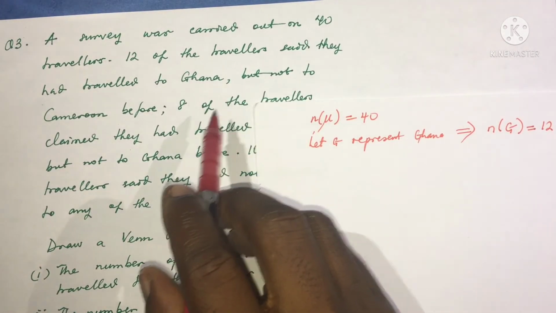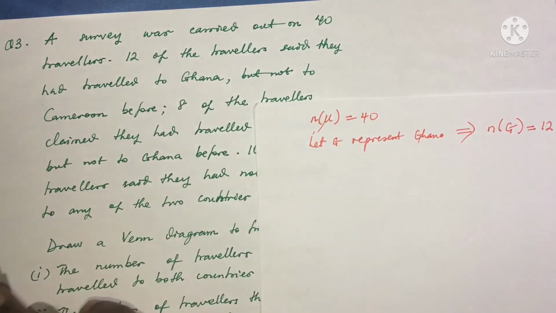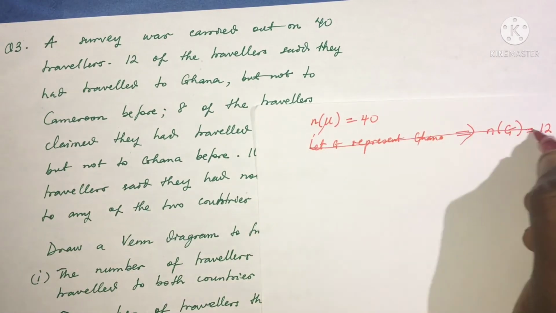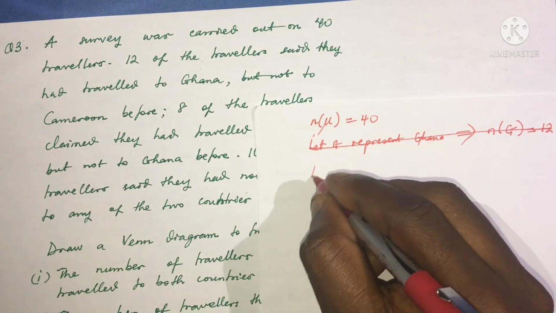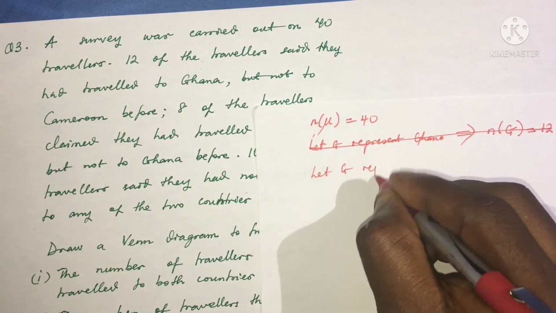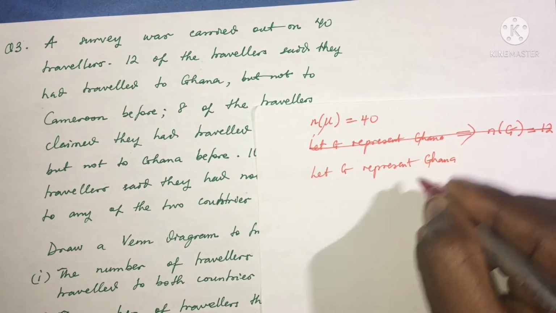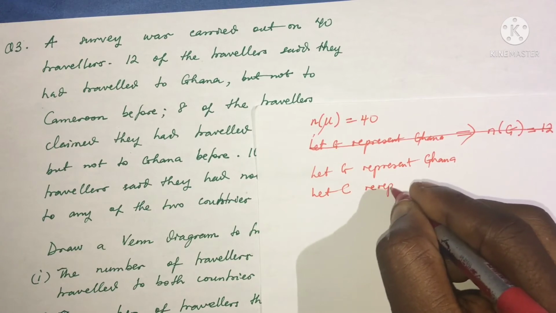But, okay, 12 of the travelers said they had traveled to Ghana, but not to Cameroon before. So that alters this statement, and we are going to write that statement again. So let G represent Ghana. Now, let C represent Cameroon.